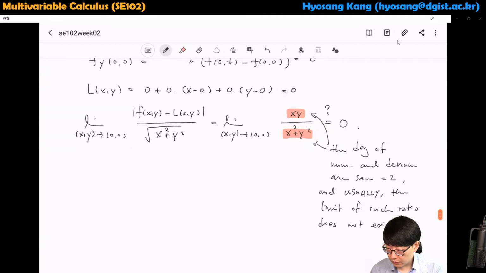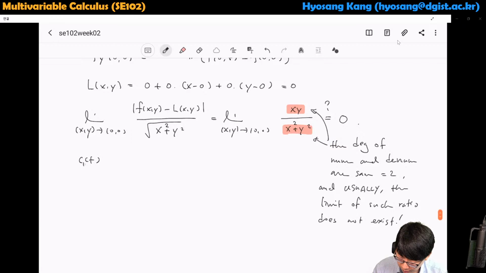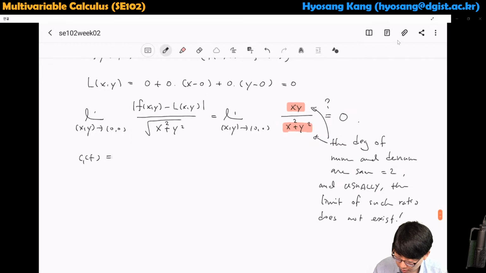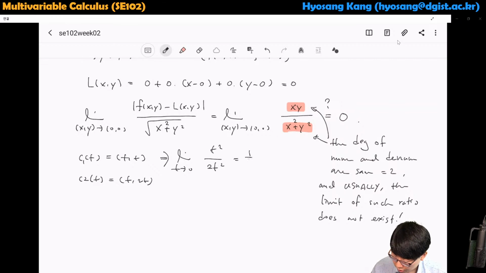Okay, so if you guessed that the limit doesn't exist, then you have to find at least two paths which converge to different values. So try the paths C1(t) as (t, t) and C2(t) as (t, 2t). When I plug in C1(t), then the limit as t goes to 0 of 2t squared over 2t squared is 1 over 2.